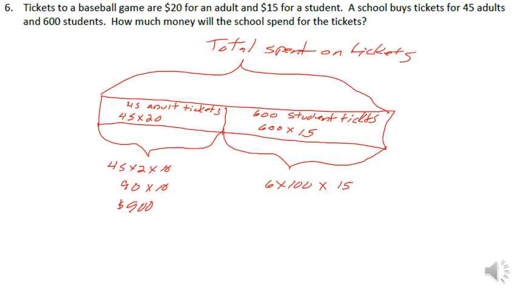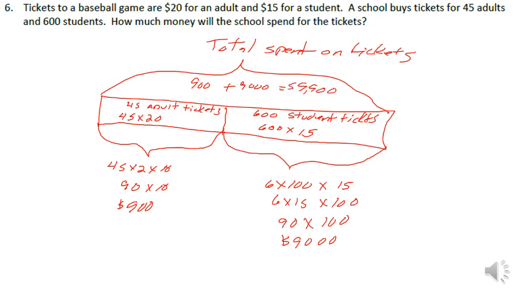And I know I can change this to 6 times 15 times 100. 6 times 15 is going to be 90, because 6 times 10 is 60, 6 times 5 is 30, gives us 90 times 100. So we're going to end up with $9,000 for the students. Now the total is going to be 900 for the adults plus 9,000 for the students, which equals $9,900.